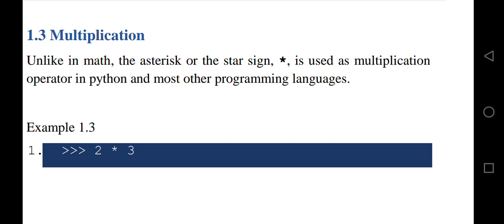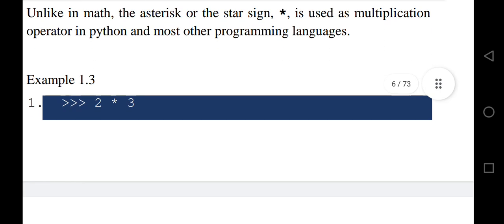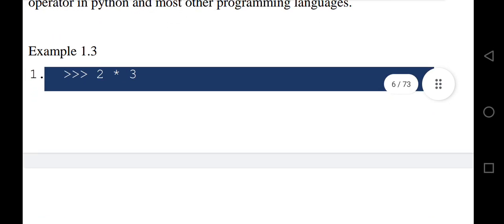So in case you are used to that usage of the cross sign to perform multiplication, please unlearn that and relearn that the star sign is used to perform multiplication. Okay, so let's look at examples of how this is done in actual coding.